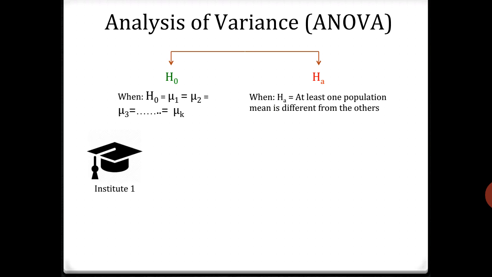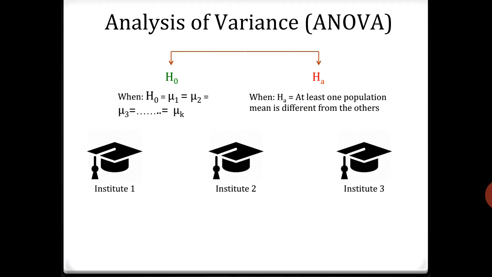others. Now let's have a simple example. We have three different institutes: Institute 1, Institute 2, Institute 3. Let's say Institute 1 has 2000 students.